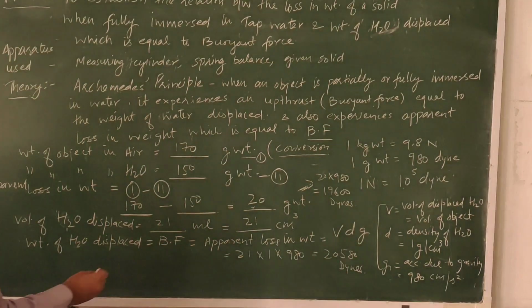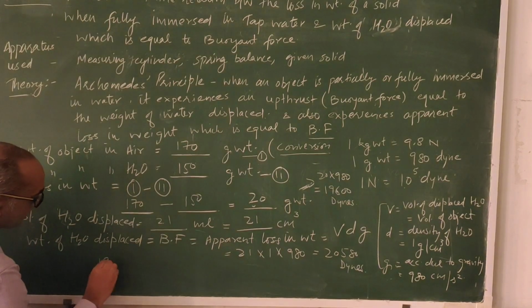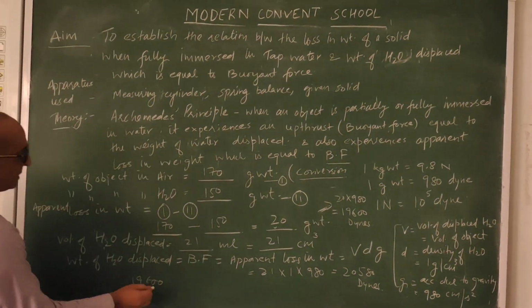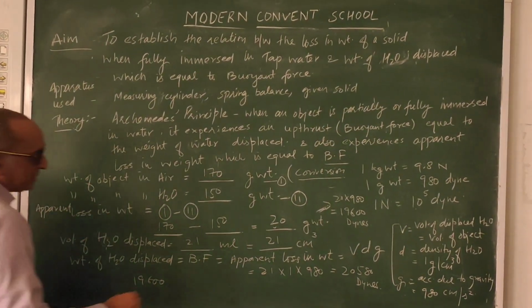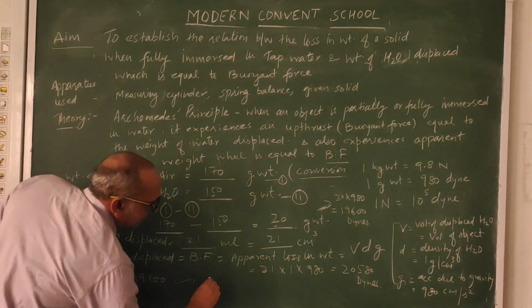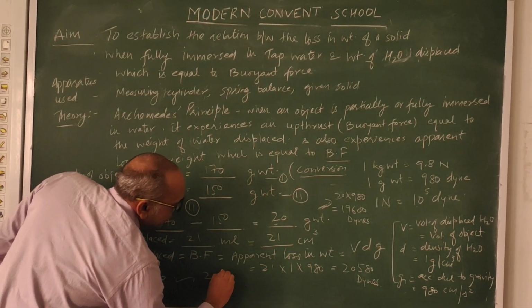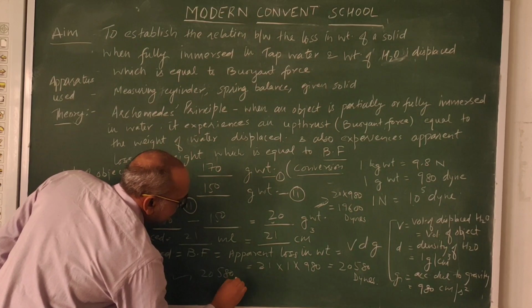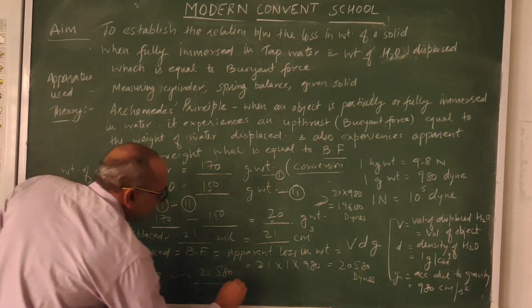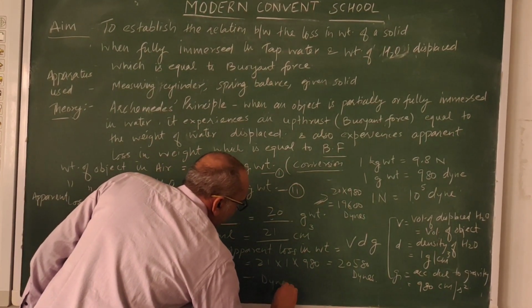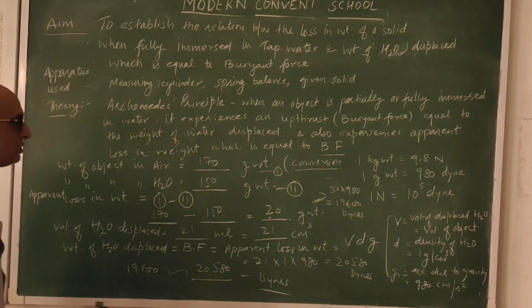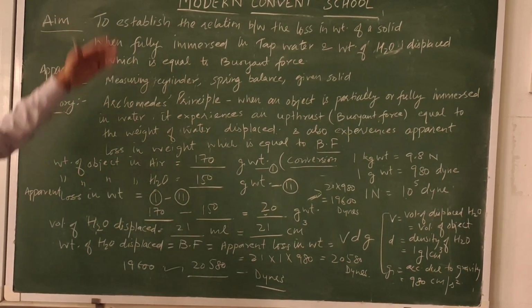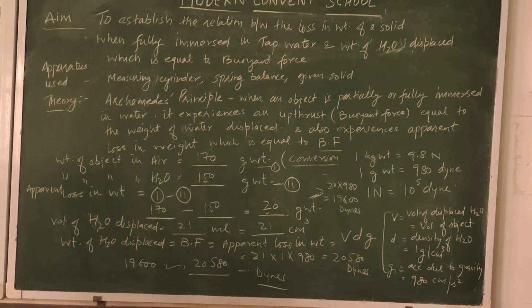Now we have to see, this is the apparent loss in weight. This is nearly equal to the weight of the liquid displaced. This is in dynes. And this was the relation we had to establish.